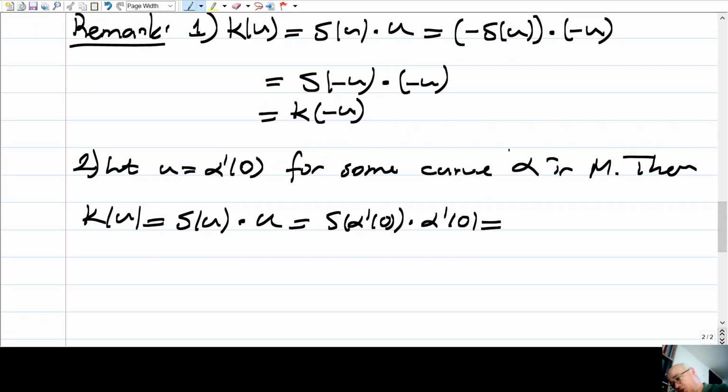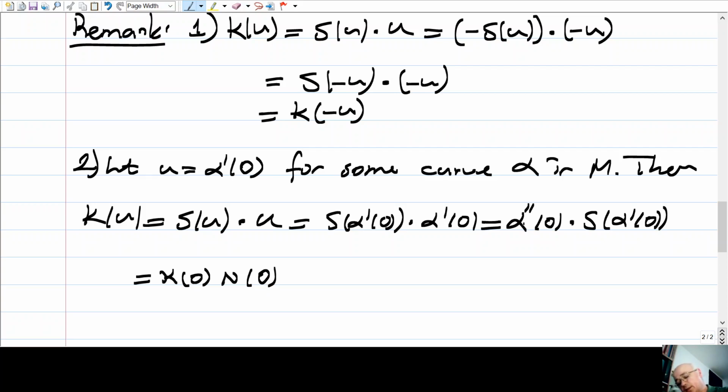And we just proved that this quantity is equal to this. And then you see what is the second derivative. The length of this vector is just the curvature times the normal vector of the space curve alpha.